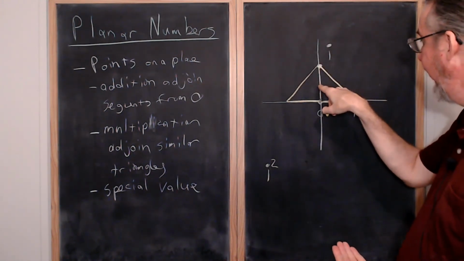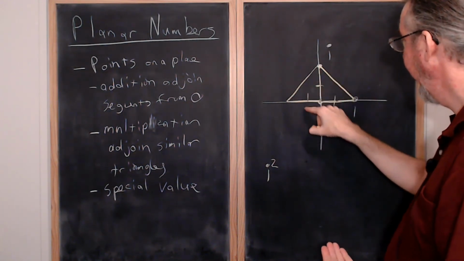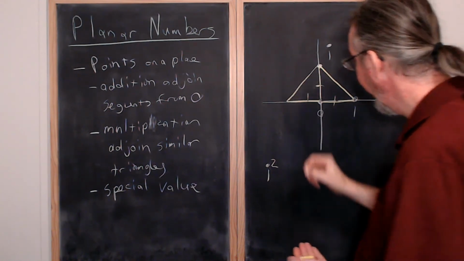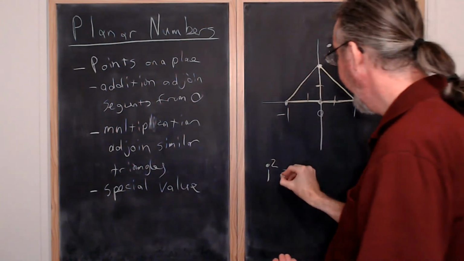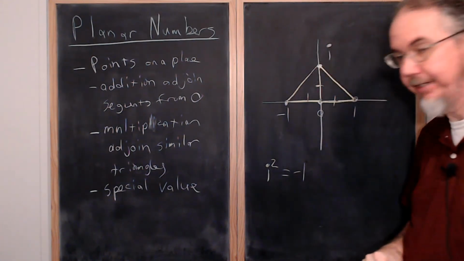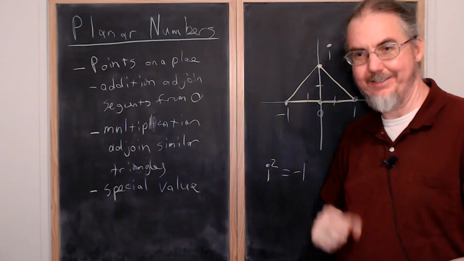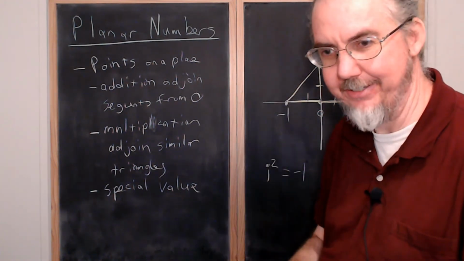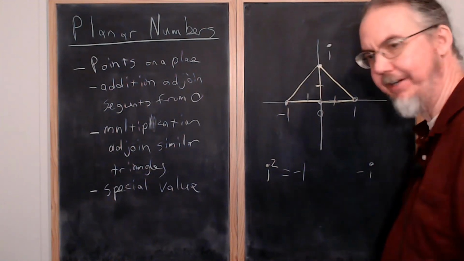And since these lengths are the same and these lengths are the same, this length must be the same as that length, which then means by definition, this point over here has to be -1. So that tells me that I squared equals -1. And at this point, it's useful to give you an exercise: maybe pause the video and consider, what would -I be?